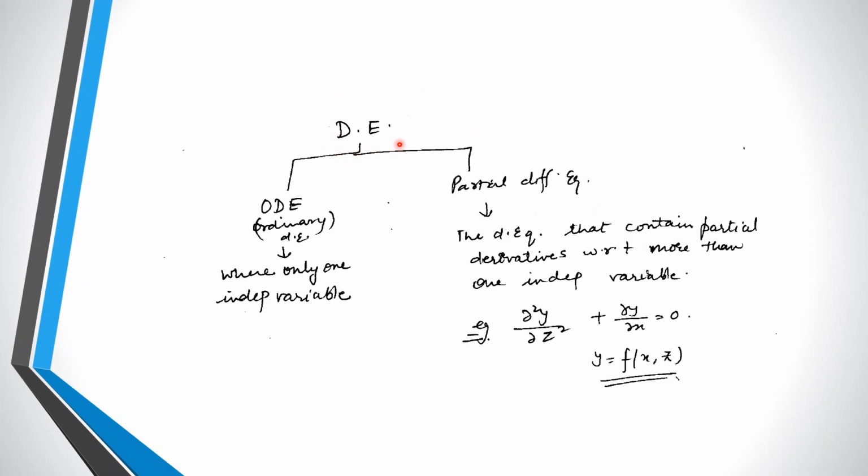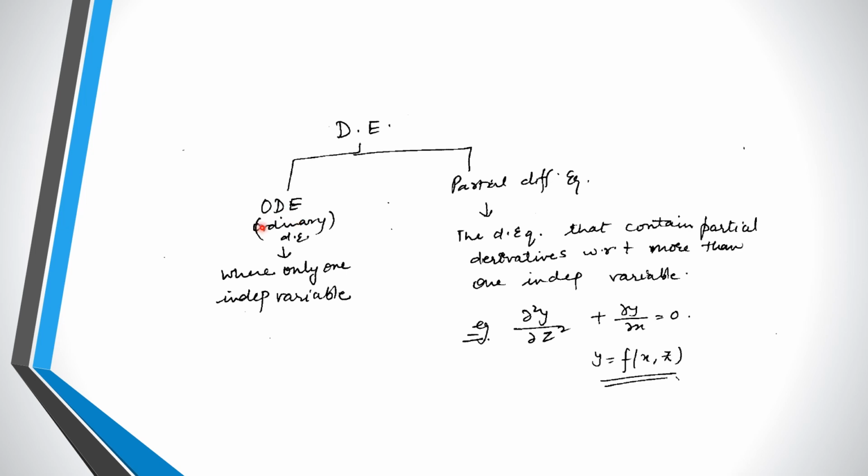Now let us see the types of differential equation. There are two types of differential equation: one is the ordinary differential equation and the second is the partial differential equation. In an ordinary differential equation, only one independent variable is present and the dependent variables depend on only that one independent variable.